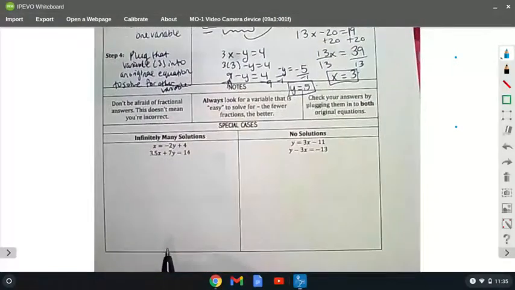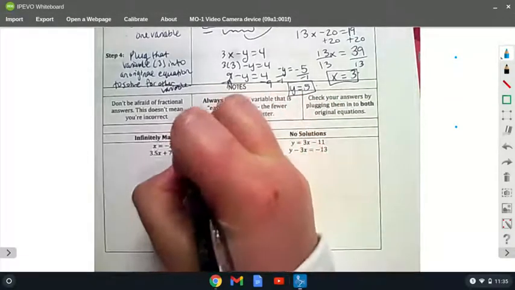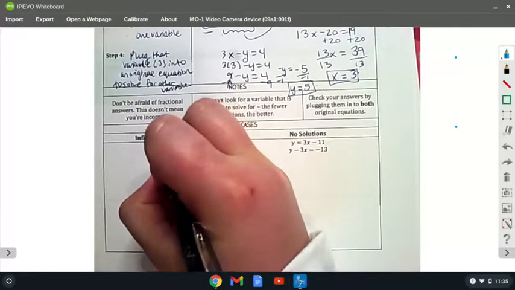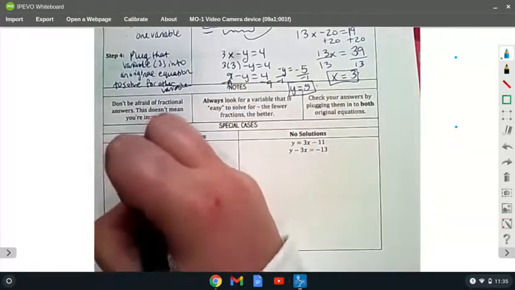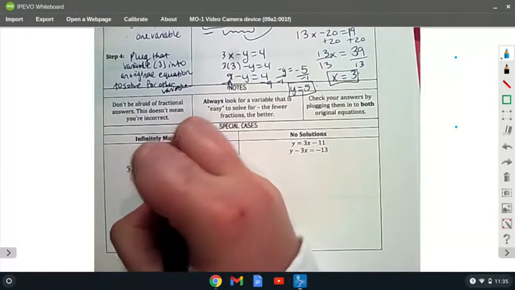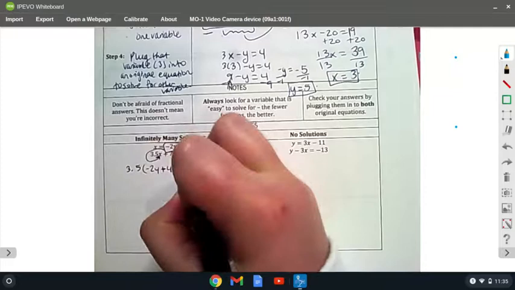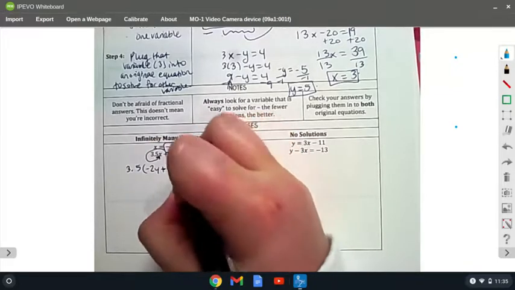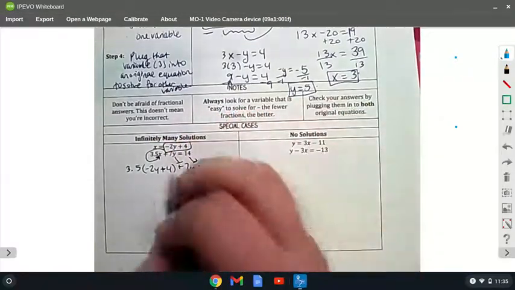So now we're going to do an example where we get infinite solutions and no solution, like we did last class. So infinite: this is equal to x, so if I plugged this in for x here, I'd have 3.5 times, I'd plug in that negative 2y plus 4, and I'd bring down the 7y and the 14.